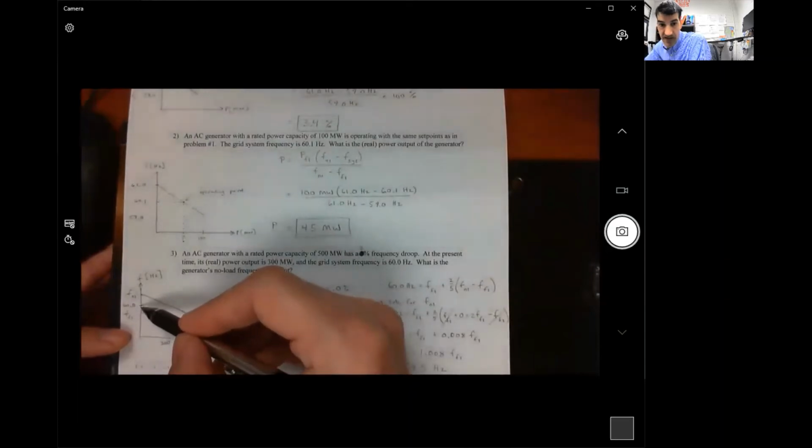So I'm saying the system frequency, 60 hertz, is equal to the full load frequency plus this amount right here. And this amount right here is 2/5 of the way from here to here.